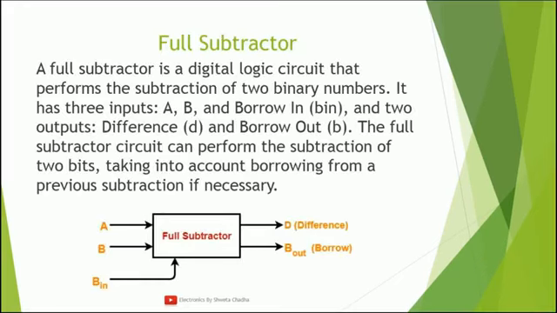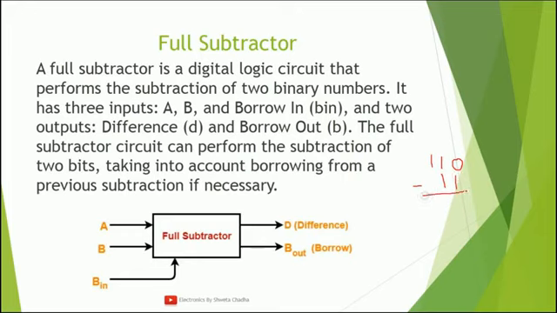Next is the full subtractor. Full subtractor is again the subtraction of two bits, but now the subtraction is of two bits where a borrow has already been given to the previous values. For example, we need to subtract 110 minus 11.